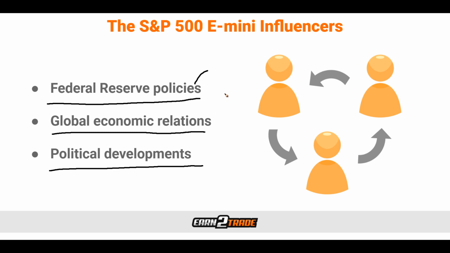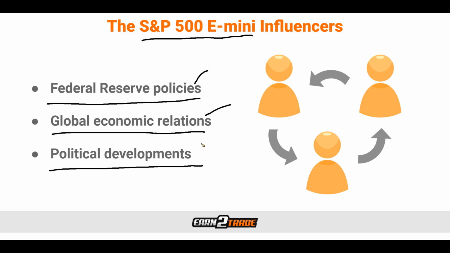For example, when the Fed issues a statement that it will potentially remain passive and won't increase the interest rates, the market is instantaneously affected in most cases. Investors usually assume that it is a good moment to abandon fixed income instruments and invest in real estate and stocks in search of higher returns. This shift usually results in a massive boost for the S&P 500 and obviously in turn the S&P 500 E-mini.